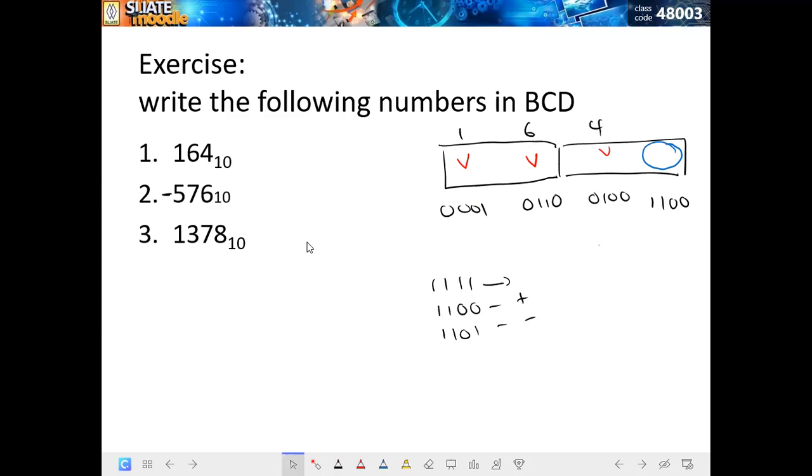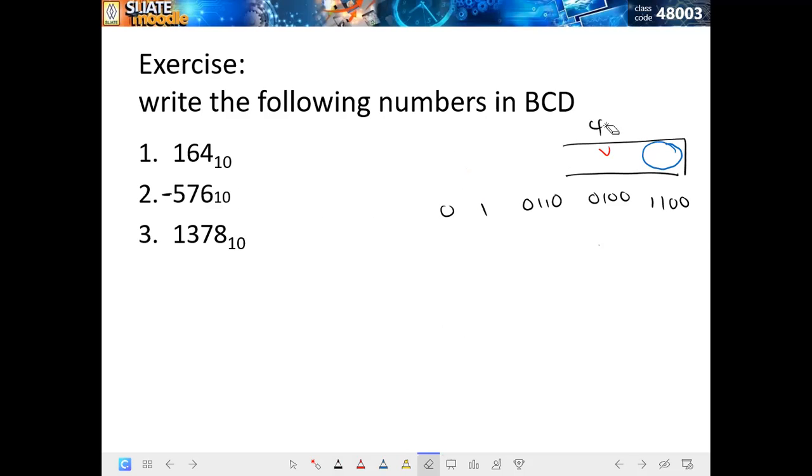Okay, then next one. We have done a positive one here. Then do this one.